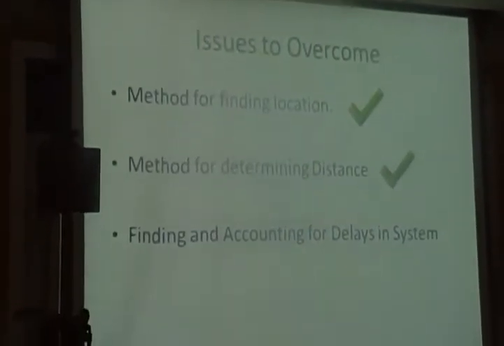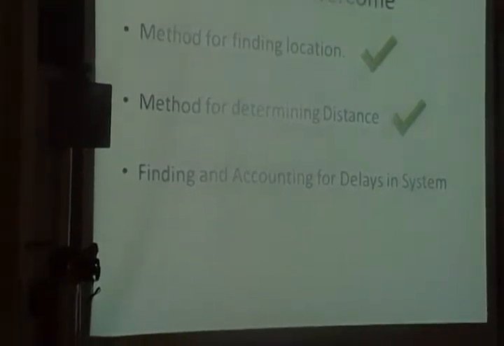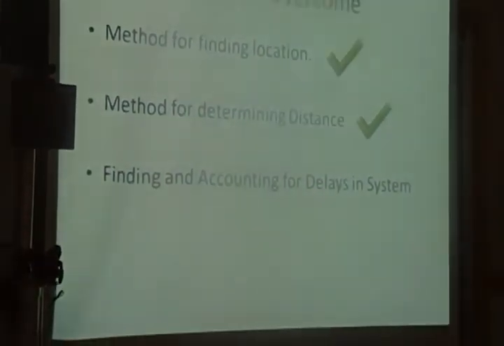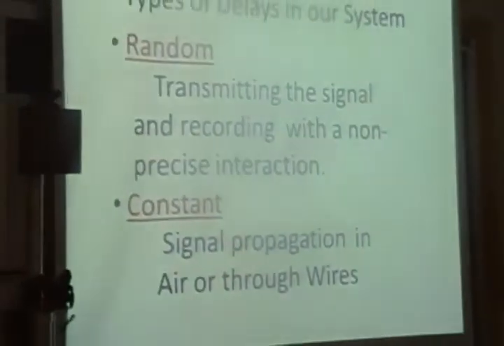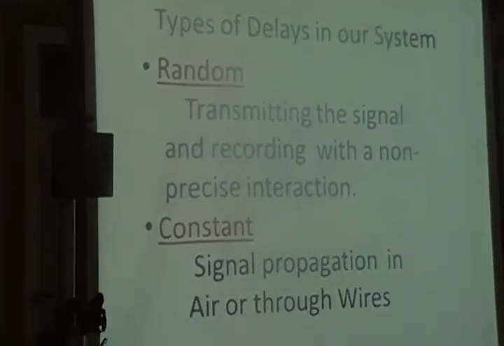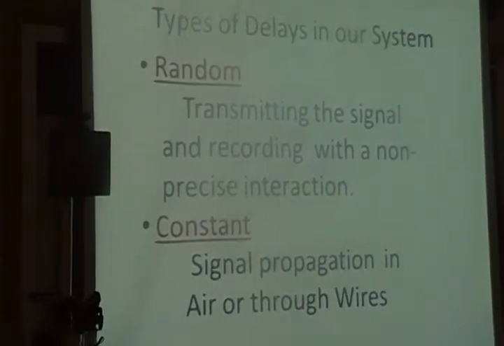And with that, there were a couple of other issues that we had to overcome. We had to find and account for all the delays in our system that were not the delay of the sound propagating through the air. We had 2 types of delays in our system: they were either random or constant. We had to determine whether those delays were random or constant.